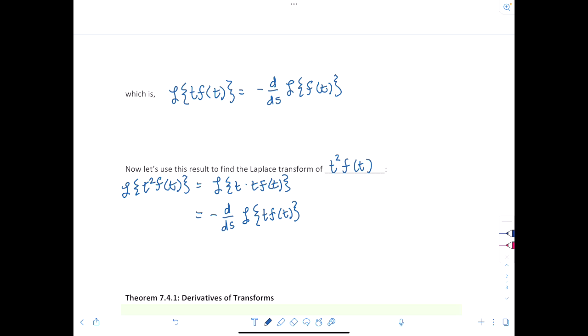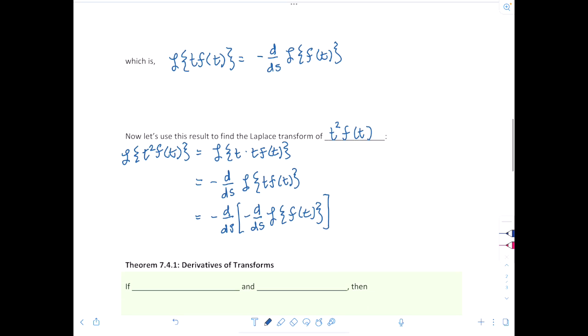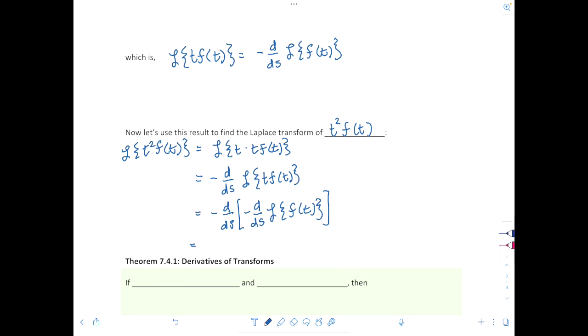That's what we just found last time. So let's plug in what we found last time. So negative d/ds of negative d/ds of the Laplace transform of f at t. Cool so far? So it turns out that we'll get the second derivative with respect to s of the Laplace transform for f at t.